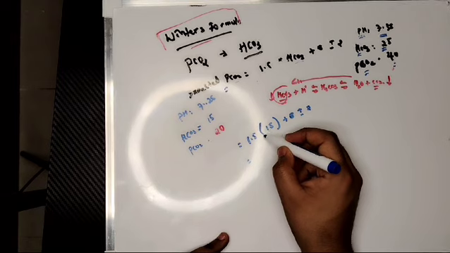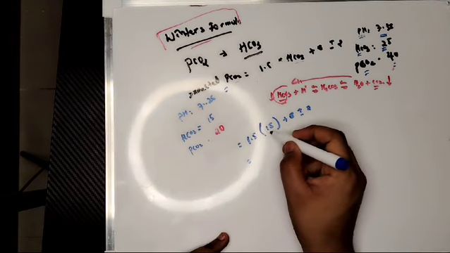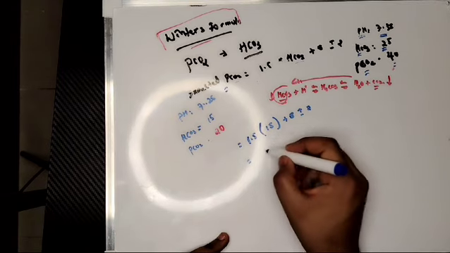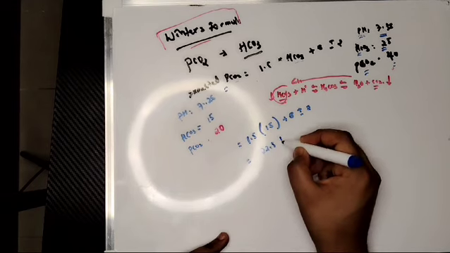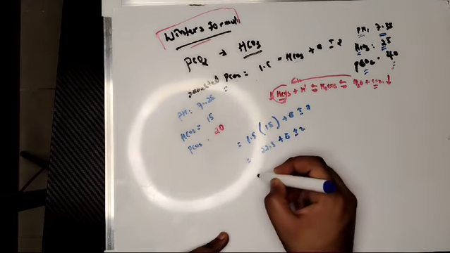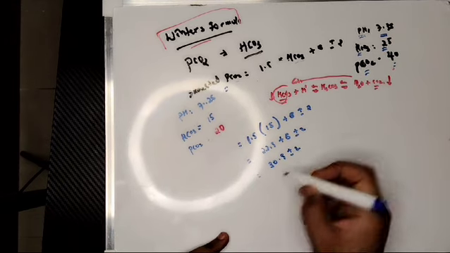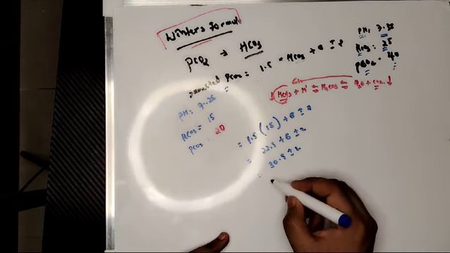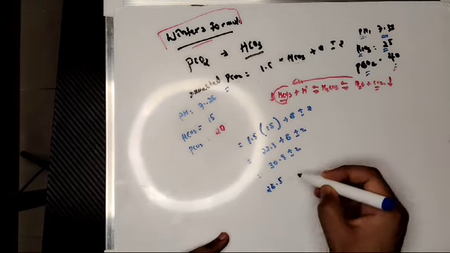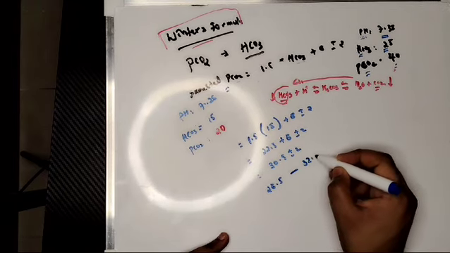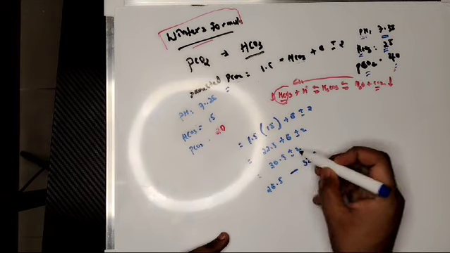So 1.5 times 15 is 22.5, plus 8, which is 30.5, plus or minus 2. So we would expect it to be between 28.5 and 32.5, because it says 30.5 plus or minus 2.